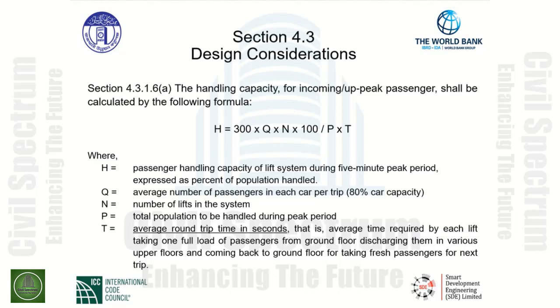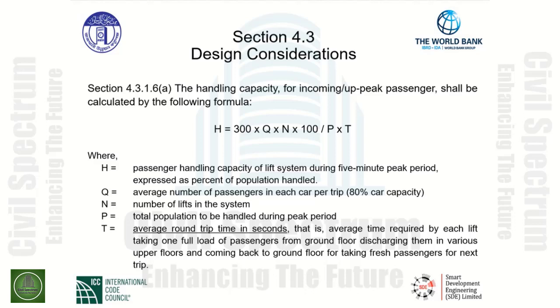Q is the average number of passengers in each car per trip, 80% car capacity. N is the number of lifts in the system, where P is the total population to be handled during peak period.